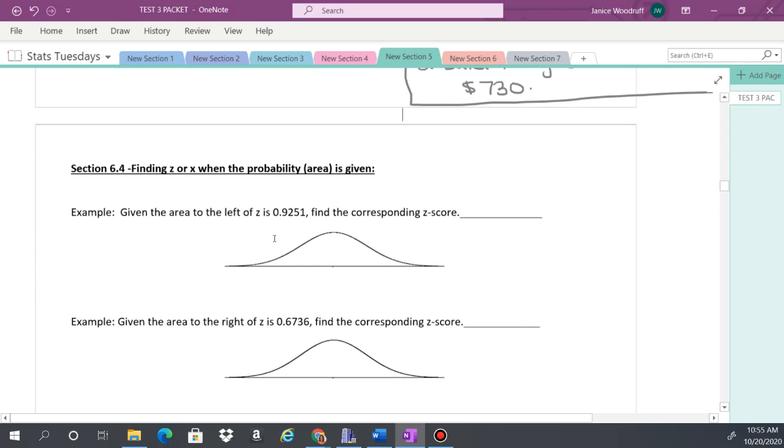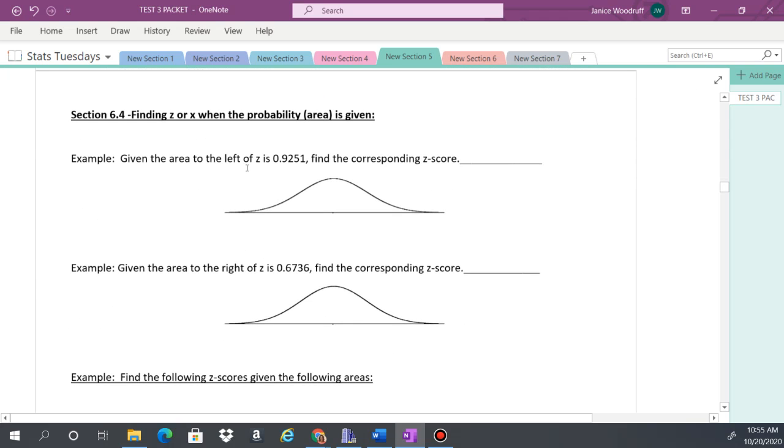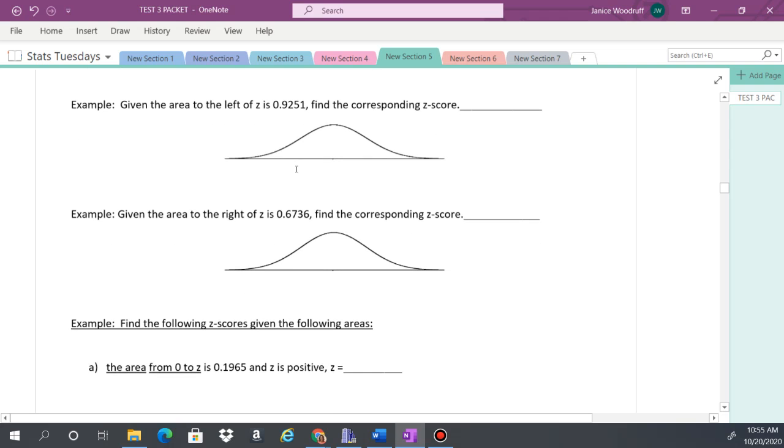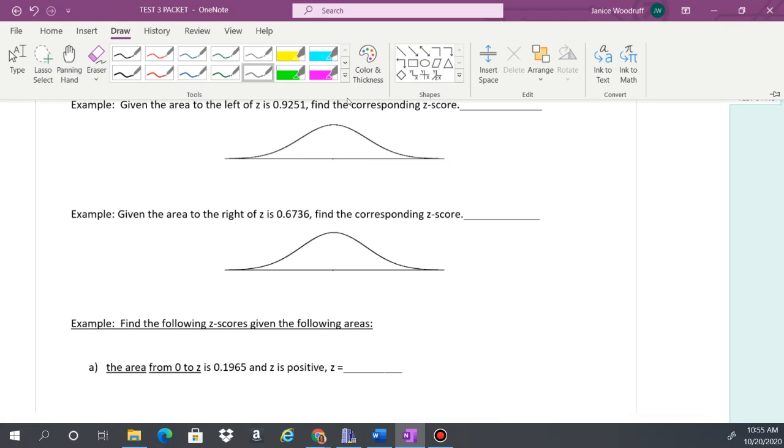Now what you're going to do is, given an area, find the z-score. So now you're going backwards. Before, you were given a z-score and asked to find the area; now you're given an area and asked to find the z-score. So visualize what it's asking you here.